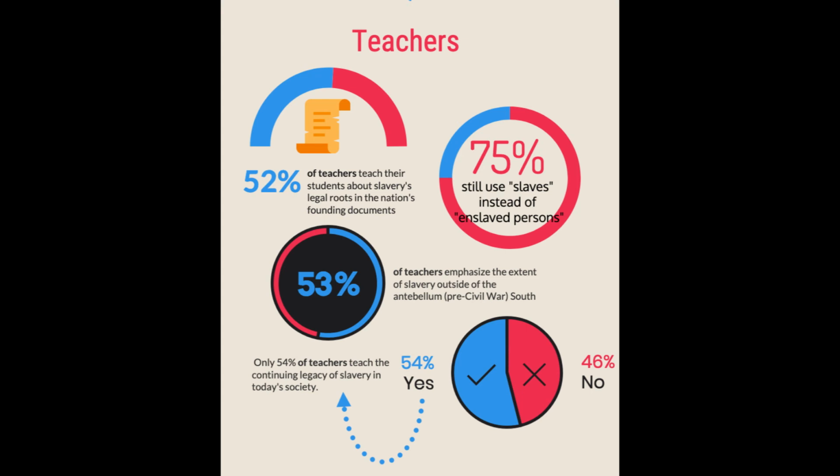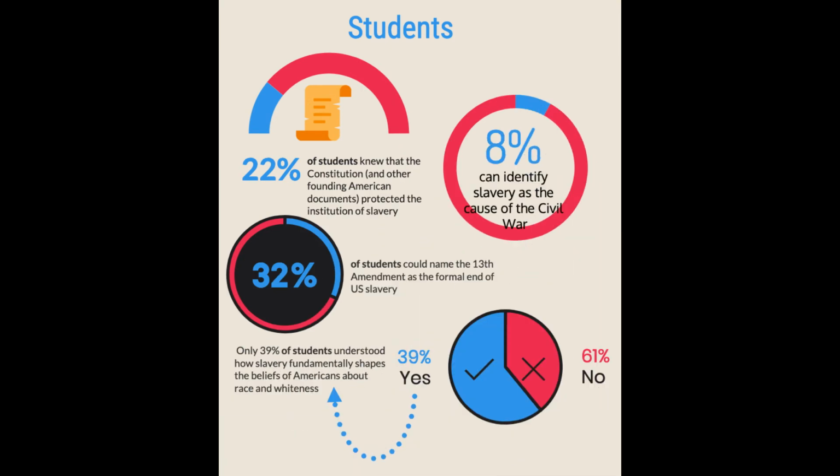So when we look over to the student data about how they are processing and learning and remembering and absorbing all this information, those results become less shocking. Because if only about half of self-reporting teachers who sign up for a service about teaching about tolerance, diversity, and inclusion find it important enough to intentionally include the truth in their curriculum, how can we expect students to know the truth?